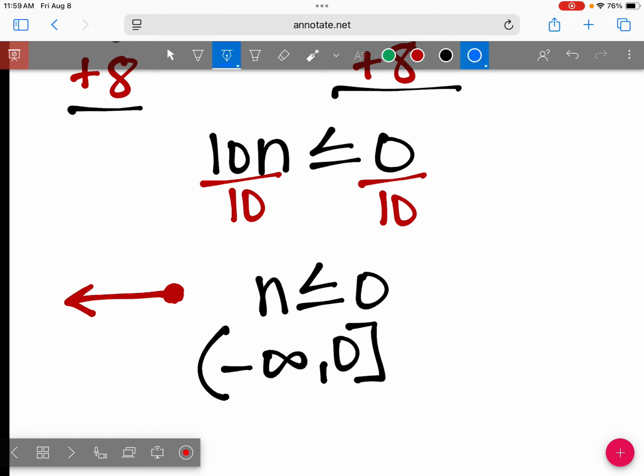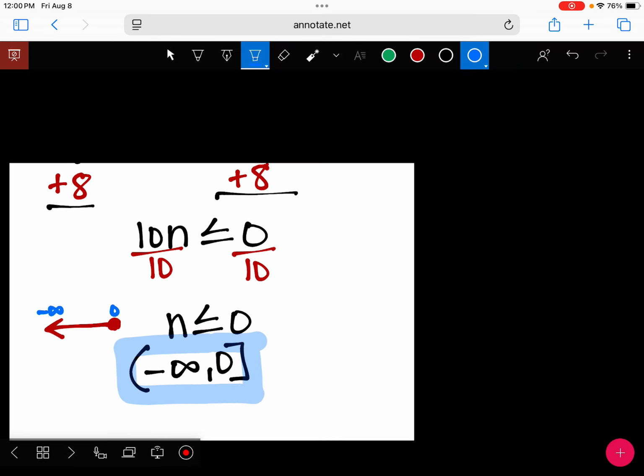Less than goes to the left. So this means 0 through negative infinity. That's the interval. So this is the correct answer. So this is your answer.